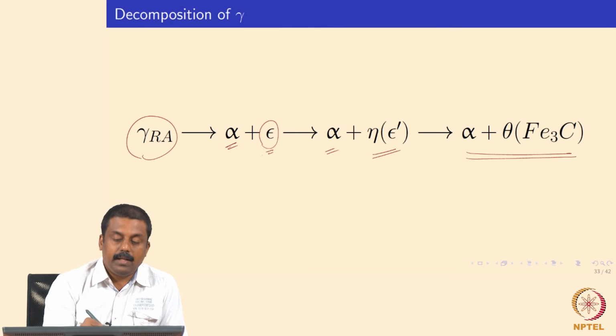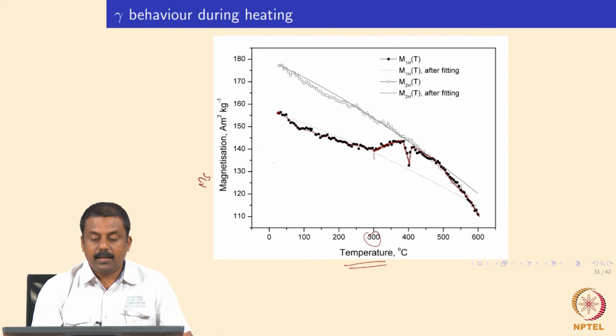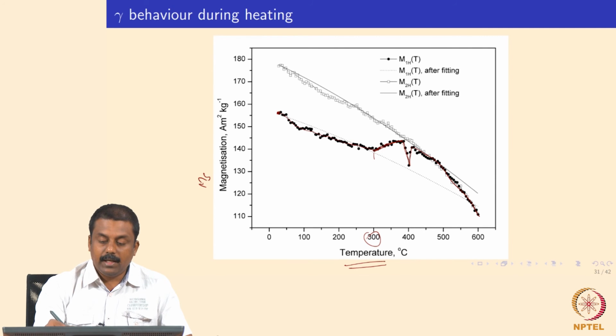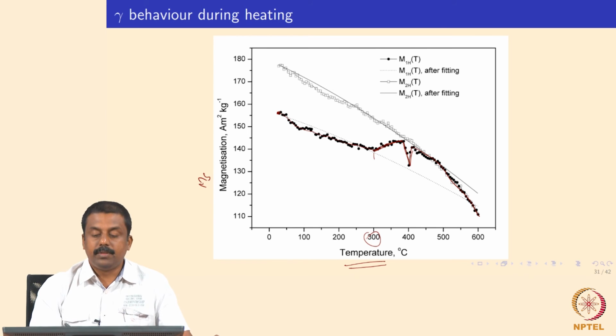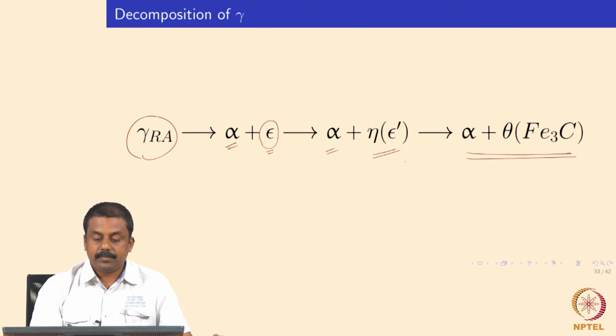And how do we know that there is a transient carbide formation? If you look at the magnetic curves, you also see a decrease in magnetic saturation values. These transient carbides are also paramagnetic carbides.